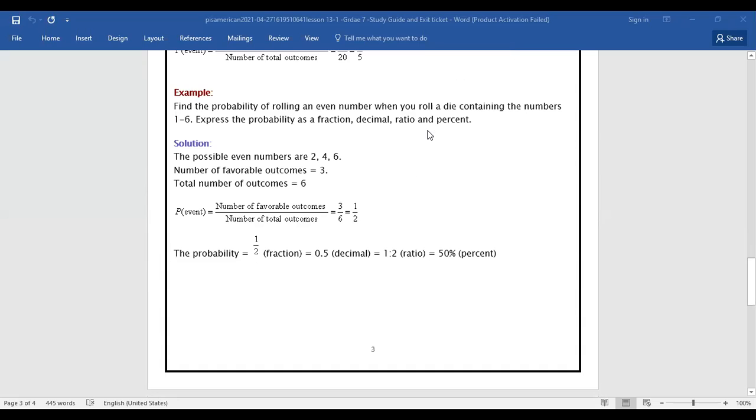Let's take another example. Find the probability of rolling an even number when you roll a die containing the numbers from 1 to 6. So first, can anyone tell me the total number of outcomes in this die? You have a dice numbered from 1 to 6.